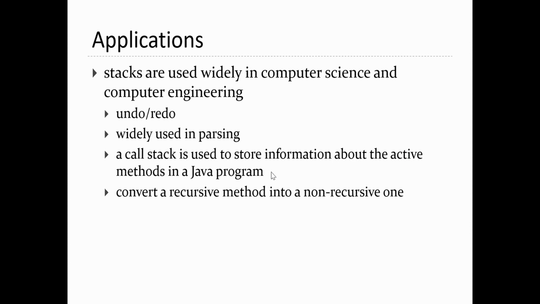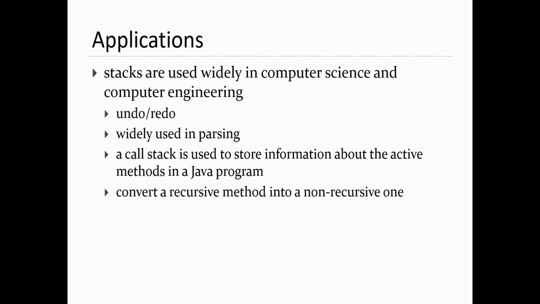Whenever you call a method in a Java or C program, actually most programming languages, information about that method gets pushed onto what's called a call stack. The call stack stores information about the active methods in a Java program. If I call my main method, something that resembles a main method gets pushed onto the call stack.